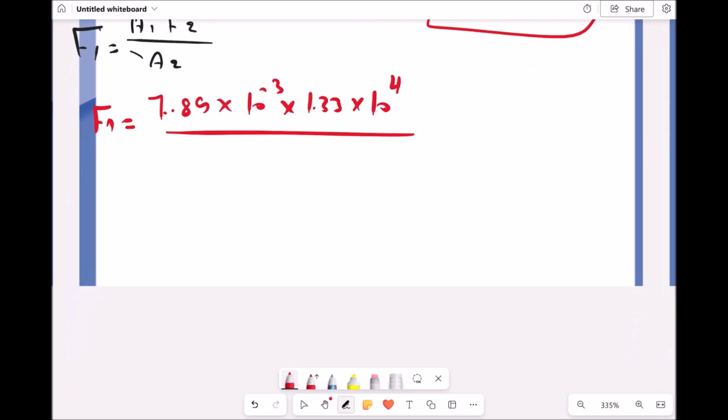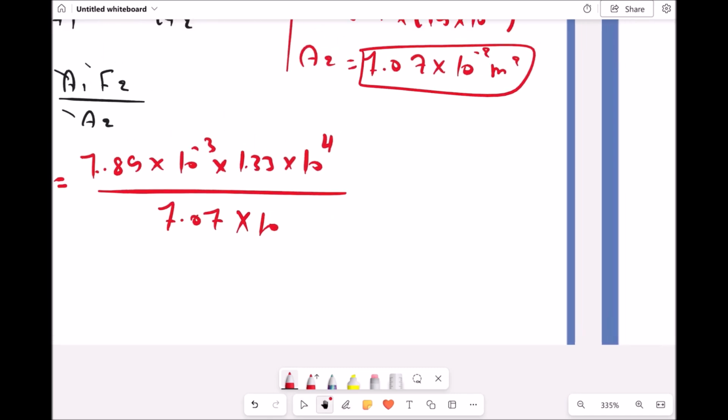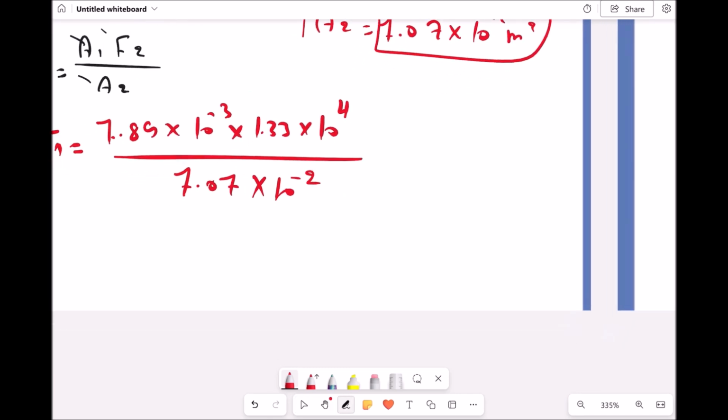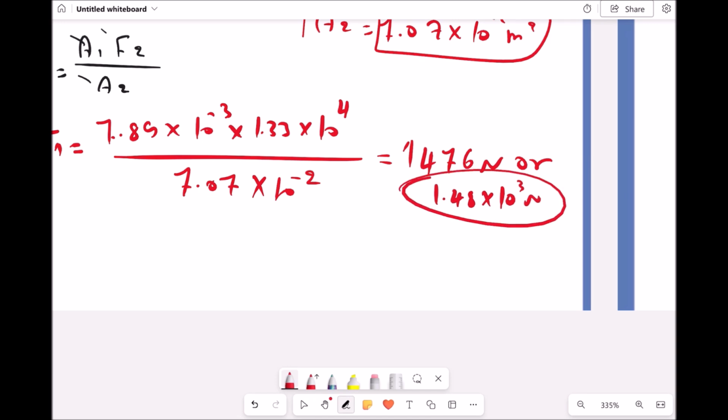All of this divided by the second area, which is equal to 7.07 times 10 to the power of minus 2. Calculate this and you will get 1,476 Newton, or you can say 1.48 times 10 to the power of 3 Newton, approximately.